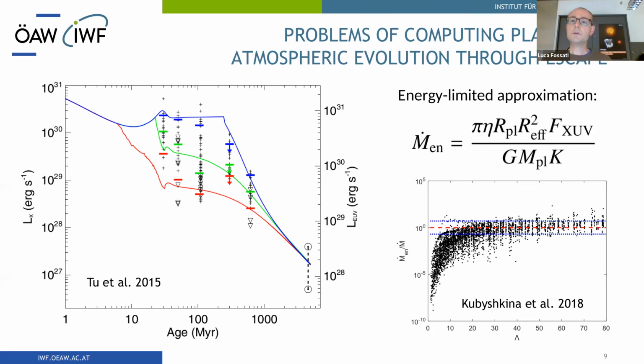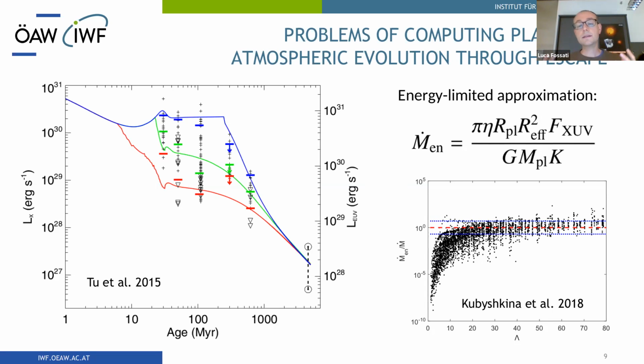So what most people do is to use an approximation, and the most used approximation is the energy limited approximation that is shown here. Now, recently we computed a large grid of models. I'm coming to this in the next slide. A large grid of hydrodynamic models, and compared the mass loss rate that we get from the hydrodynamic models with the energy limited approximation.